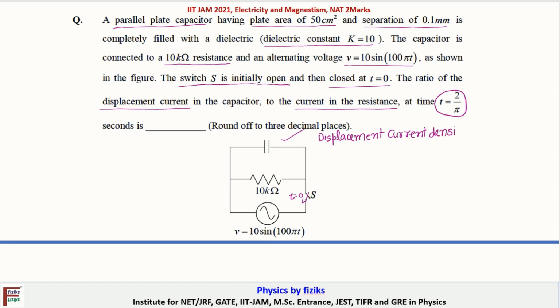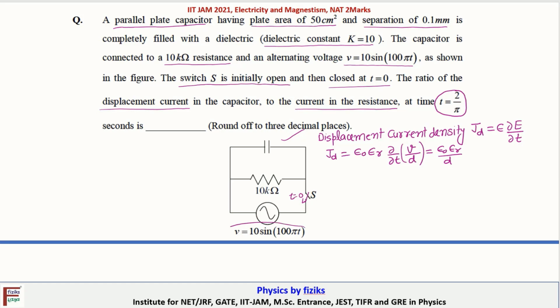Current density is current per unit area. So JD is given by epsilon del E by del t. Now we can write JD as epsilon 0, epsilon R, and electric field is given by V by d, where V is the applied voltage. So we can write this as epsilon 0 epsilon R by d, and del V by del t.